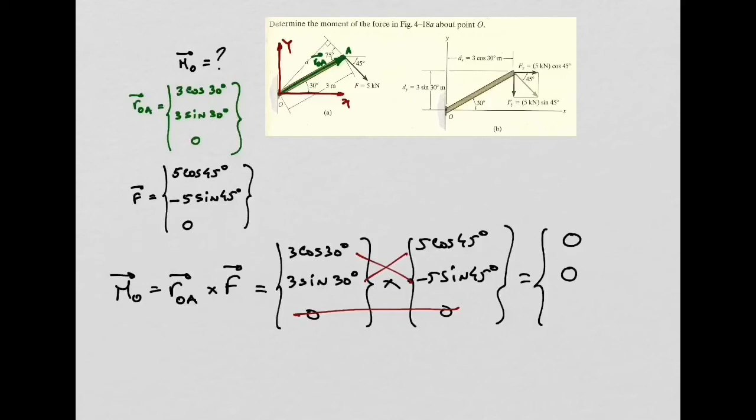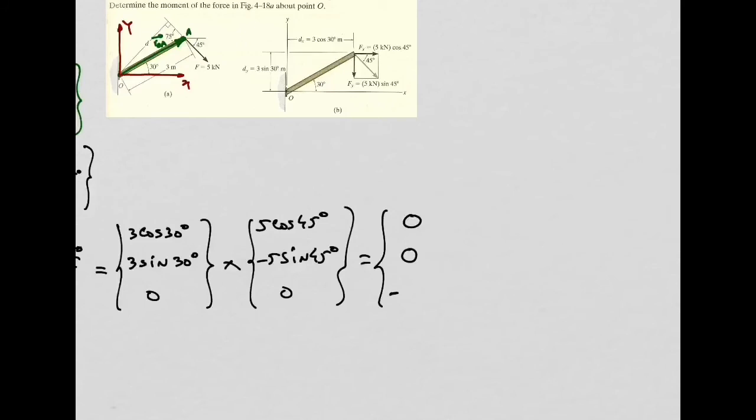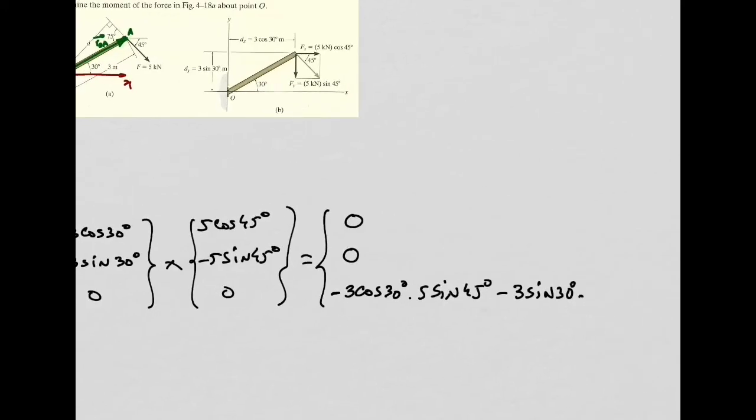So this is not going to be 0 now. This cross product is going to be equal to minus 3 cos 30 times 5 sine 45, minus 3 sine 30 times 5 cosine 45.